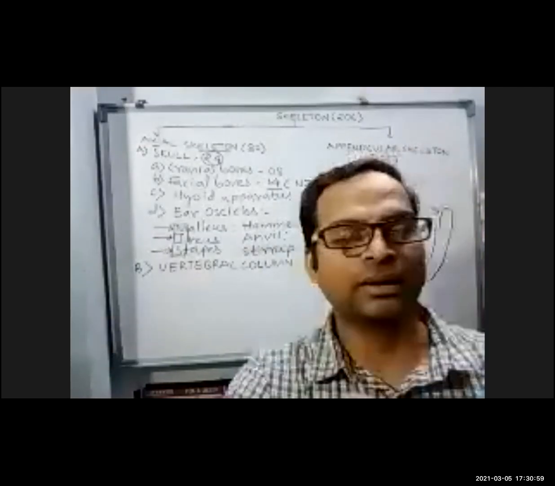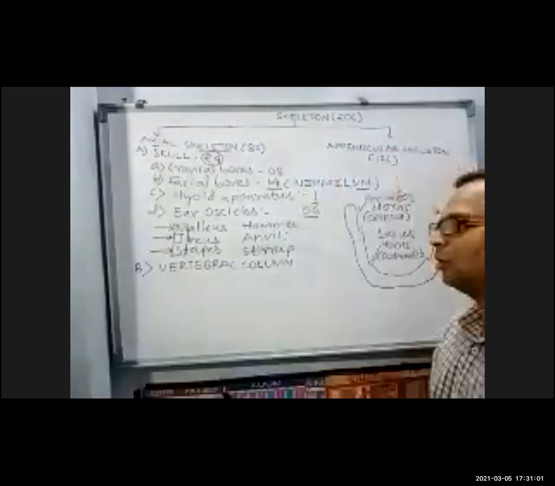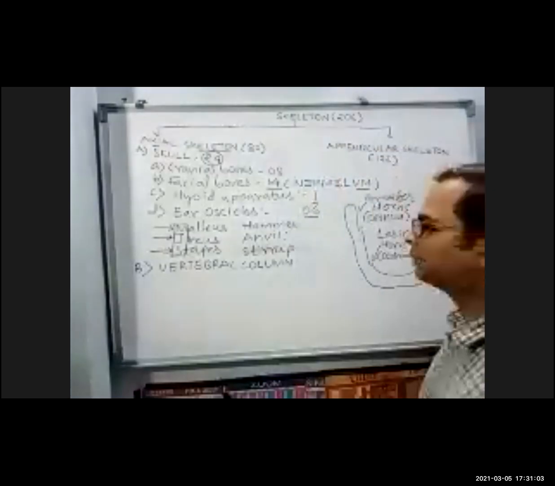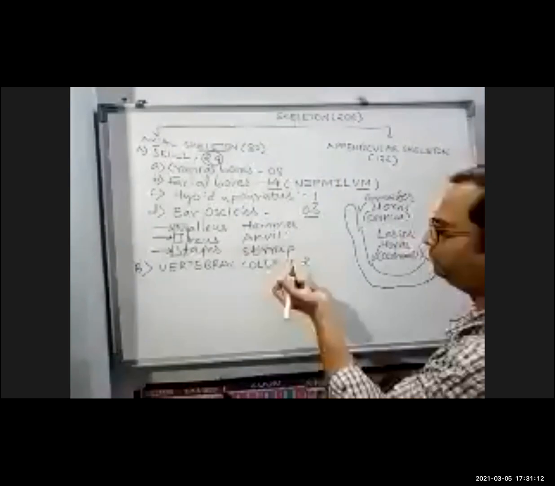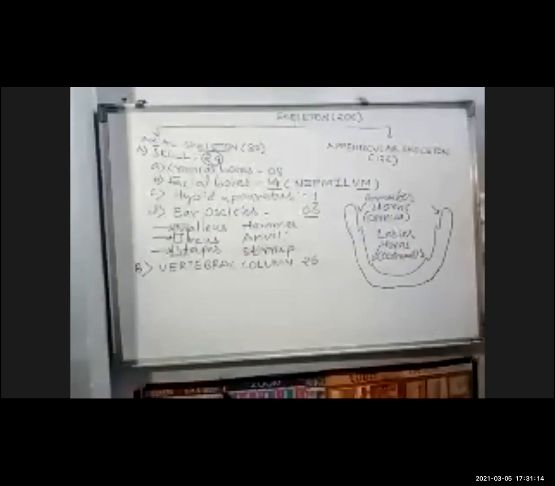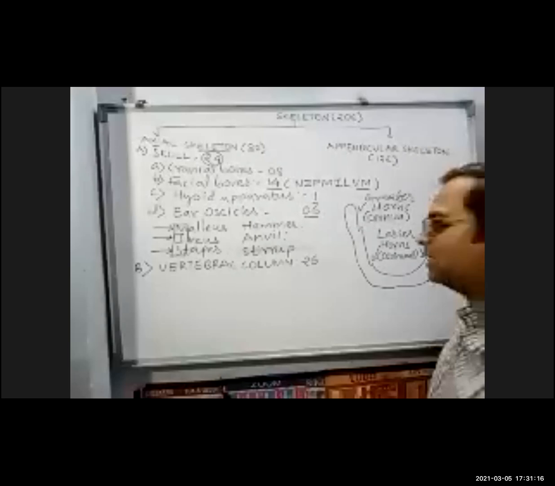Yes, children, tell me. How many bones are present in the vertebral column? So it is made up of again 26 bones, or 33 bones.